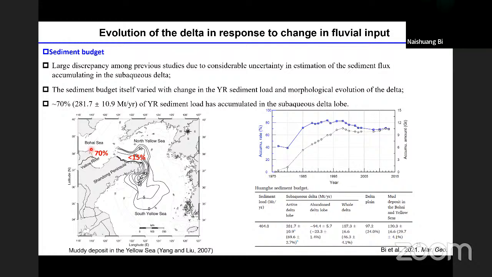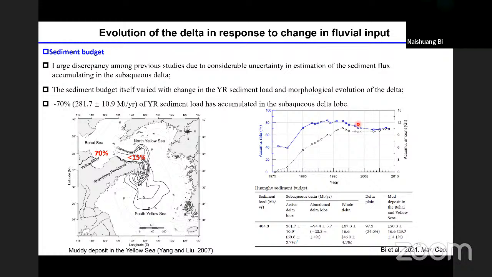The sediment budget itself varied with the change in the Yellow River sediment load and the morphological evolution of deltas, as illustrated by this blue line. This is the annual accumulation rate of the subaqueous delta lobe, and it varied significantly.